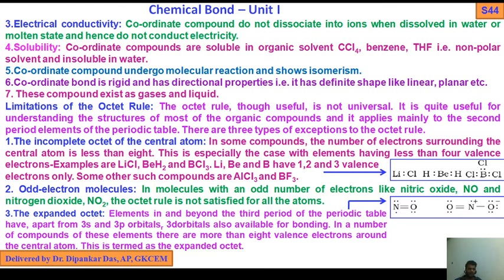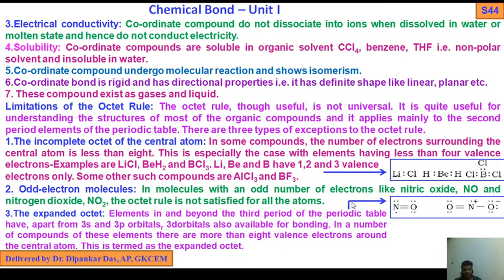Number 2, odd electron molecules. In molecules with an odd number of electrons, like nitric oxide NO and nitrogen dioxide NO2, the octet rule is not satisfied for all the atoms.